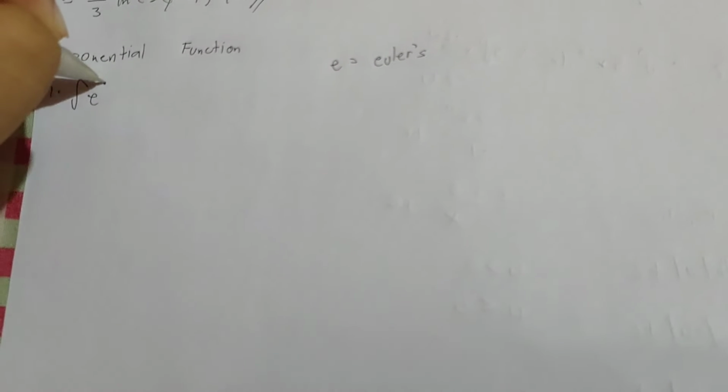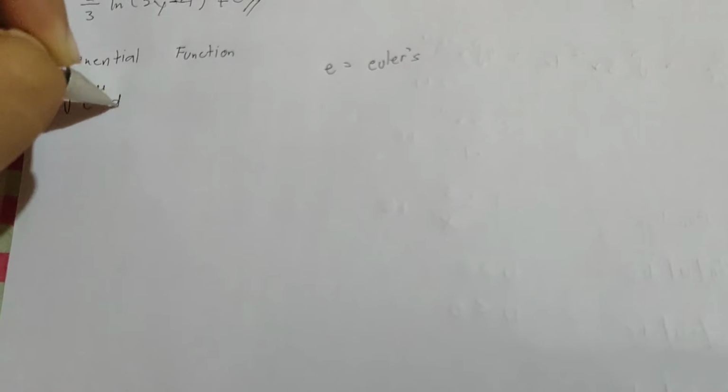The third is the exponential function, which consists of two formulas. Number one: the integration of e raised to u du, where e is Euler's number.